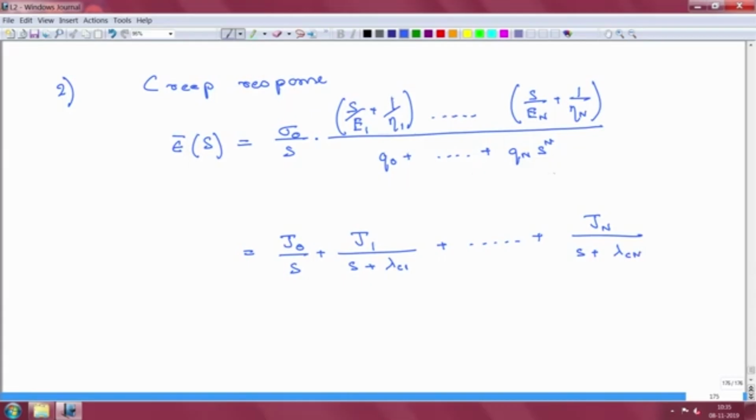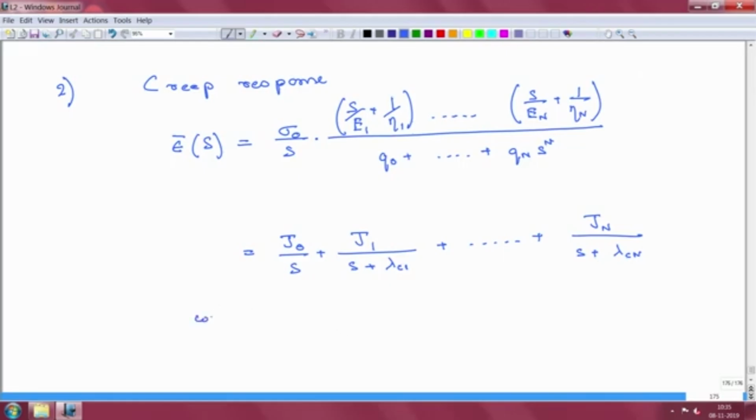I said that this denominator is not easily factorable, but this is still a polynomial, so you will have your different roots. If you determine all that, then you have to determine j naughts and all these different constants, and because the previous equation is given to you, these are all again determinable.